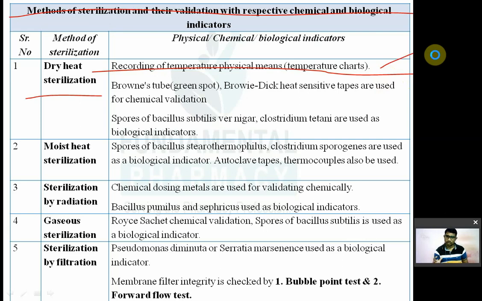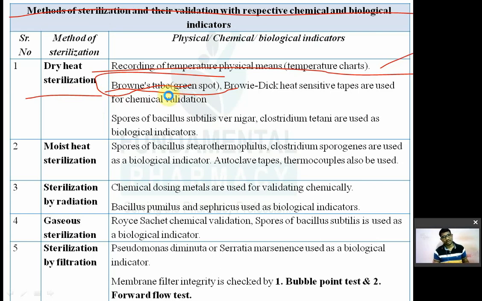So recording of temperature by physical means, then this Browne's tube, इसके ऊपर क्वेश्चन आ चुका है. Browne's tube is the physical indicator for validation of dry heat sterilization. Browne's tube एक ट्यूब होता है, उसका मैकेनिज्म क्या है वो that is not important.